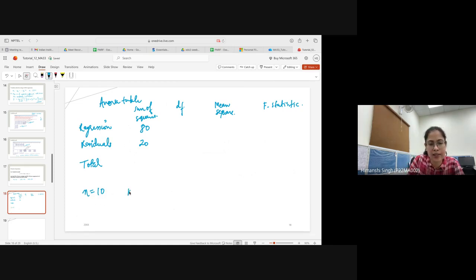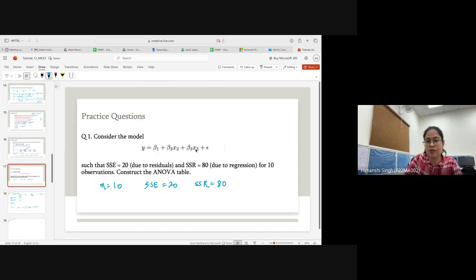Now what is k? k minus 1 was the number of explanatory variables in my model. Here also I have considered the model in the same way. Here I have started from x2 and ended with x3.